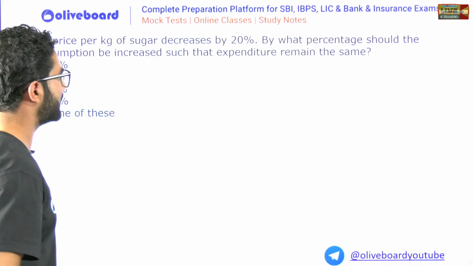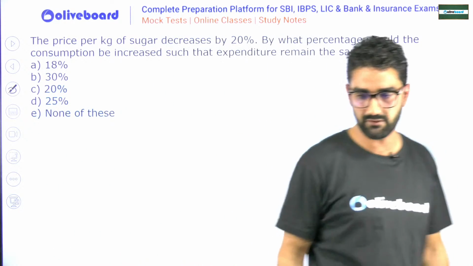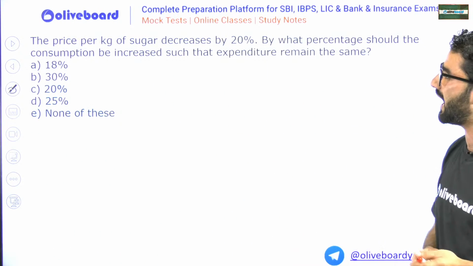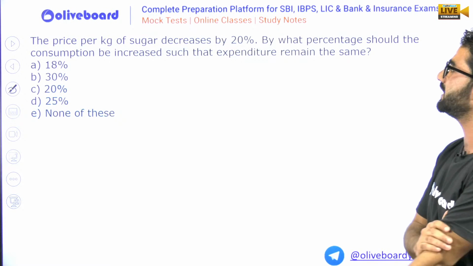Okay, so just take 10 or 20 seconds. Please give me the answer for this question. We have the price per kg of sugar decreased by 20%.